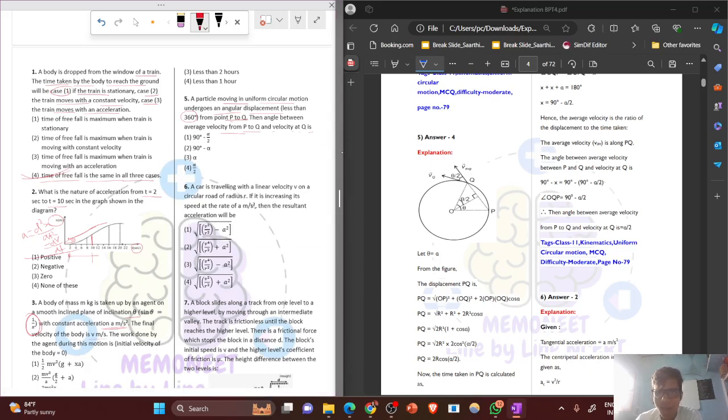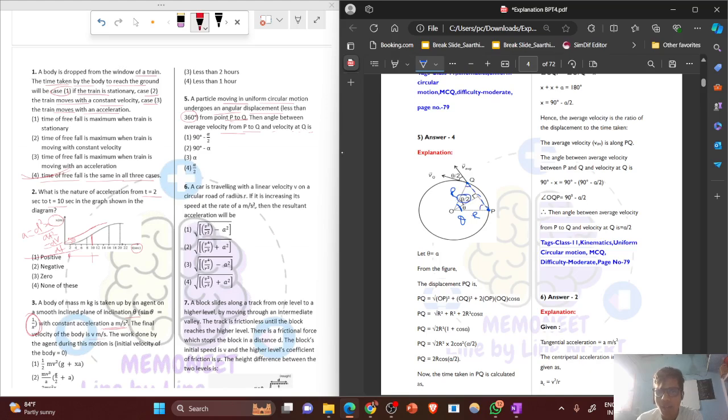It is saying that a particle which is at P first goes to Q. The angle between them is theta, let's suppose. So if we draw a line like this and make a triangle here, you can see this is R. If these sides are equal, these angles are equal, and from this perpendicular bisector it will become theta by 2.